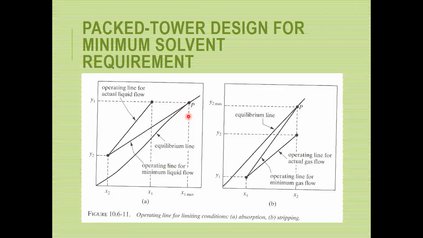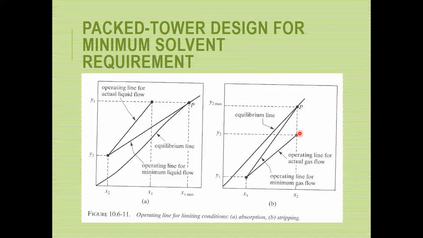In the case of stripping, we also transfer the location of the end of the operating line. That's the upper end, in this case also the upper end, moved upwards. So in here we do it sideways to the right, while in here we do it upwards. In that manner, we are able to recover the largest amount of solute, or that is, your gas phase was able to take out the greatest amount of solute from the liquid phase in the case of stripping.